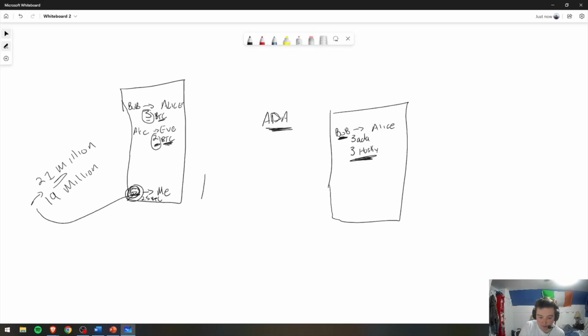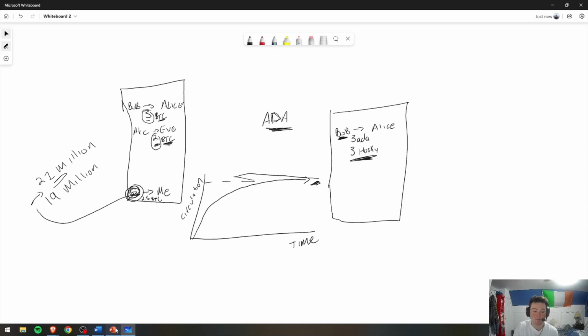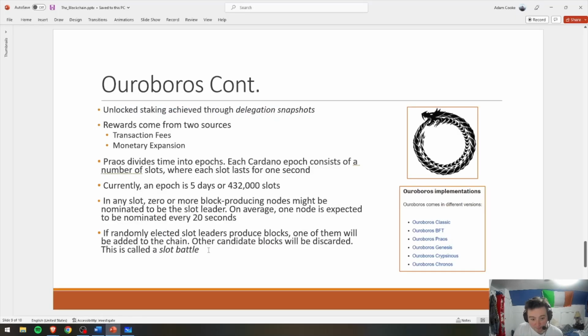It looks like the graph over time. This is time, and this is amount in circulation. You end up having a thing that looks like this. So it's constantly, continuously increasing, but it never actually gets to the value, which is in Bitcoin's case 21 million. And that was the gist of it.